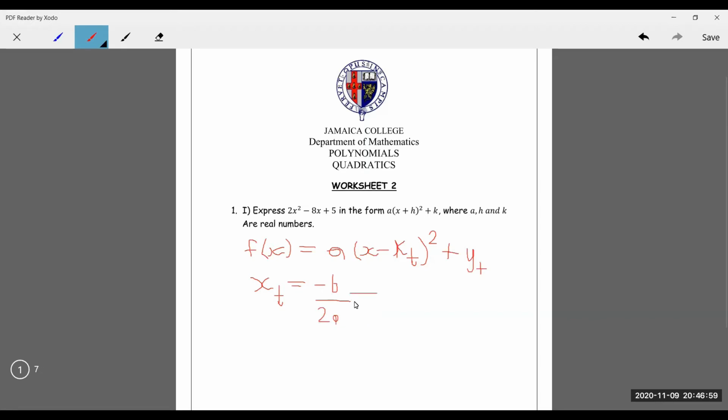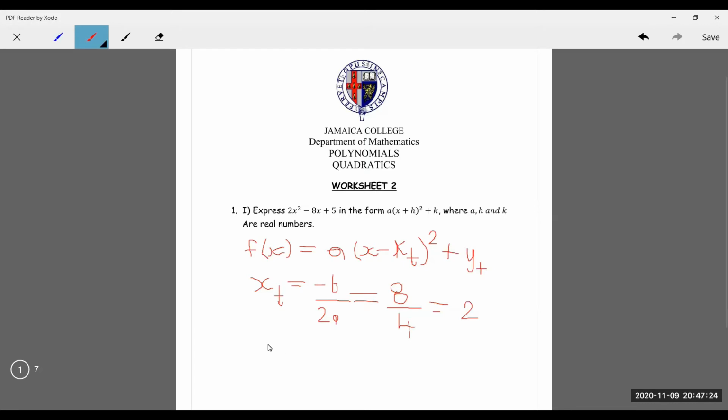So minus b over 2a is going to be minus minus 8, which is positive 8, divided by 2 times a. 2 times a is 2 times 2, which is 4. And so xt works out to be equal to 2. So that's xt. xt is 2.